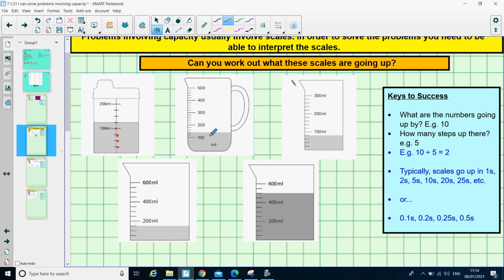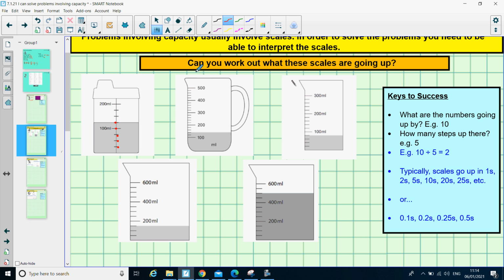So to work out what it's going up in, I've got to do 100 divided by 4. Now 100 divided by 4 gives me 25. So I know that it's going up in 25. So if I count up in 25, I've got 25, 50, 75, 100, 125. So there are 125 millilitres of liquid in that cup.